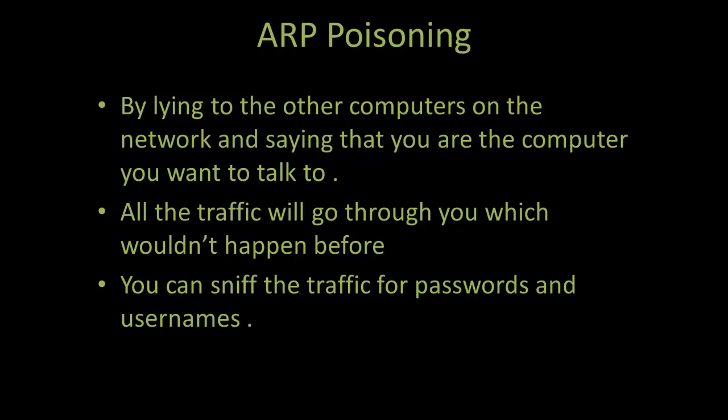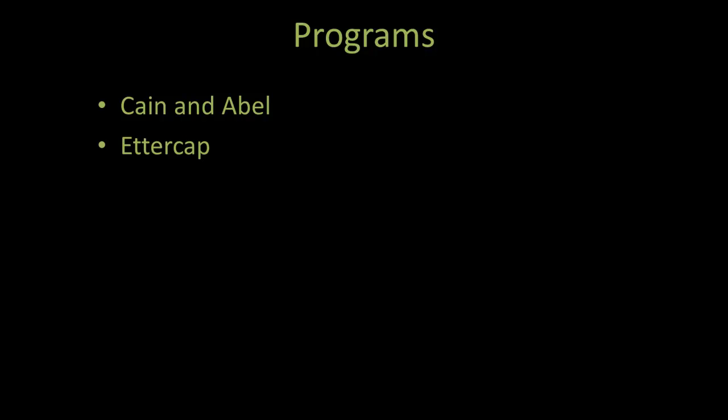And so therefore computer A thinks it's talking to computer B, but it's actually talking to the attacker. And then the attacker reroutes the traffic. So computer B still receives it. It just looks at it before it's actually sent.